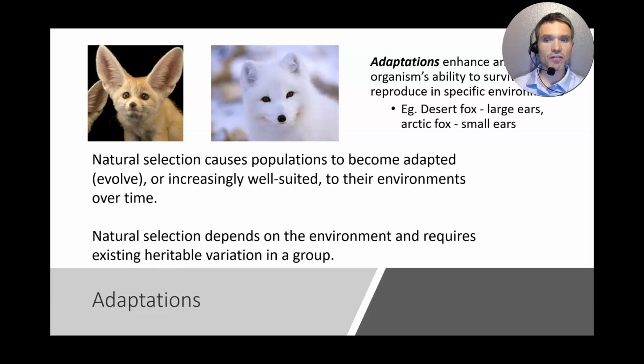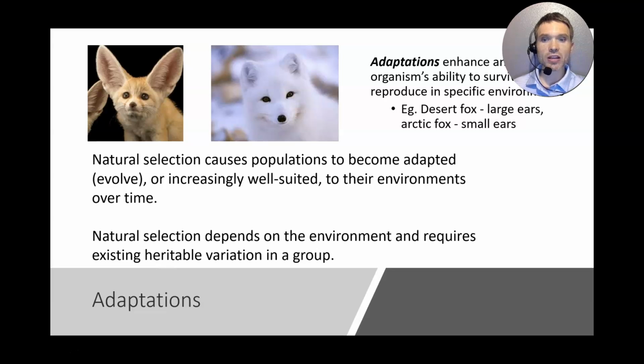Now in the last slide I mentioned the idea of adaptation. Now I just want to be careful. Natural selection causes populations to become adaptive, or evolve, or increasingly well situated to the environment over time. As I mentioned before, it is the environment that chooses the individuals that have the characteristics that are more advantageous, such that these are the ones that are going to survive, and these are the individuals that are going to reproduce.